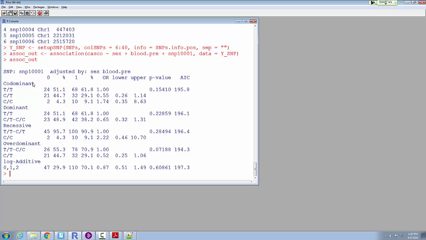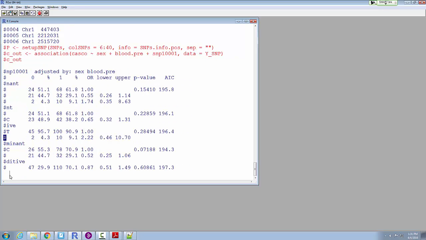Do I say, for example, that C is dominant? If C is dominant, then homozygous C and heterozygous will exhibit the C phenotype. The only way you get the recessive phenotype is if you have homozygous T. Or it could be the other way around. C is recessive, so you get the T phenotype if you're either homozygous T or heterozygous. You only get the recessive phenotype if you're homozygous C.